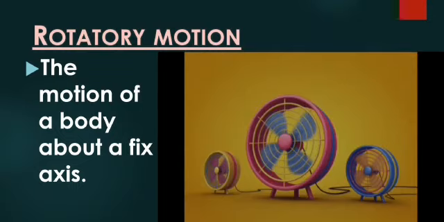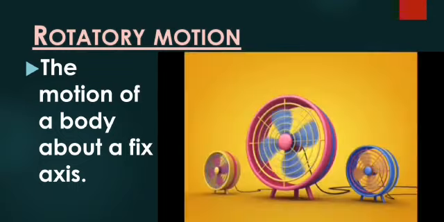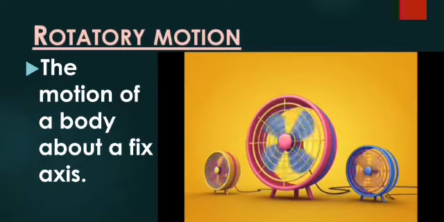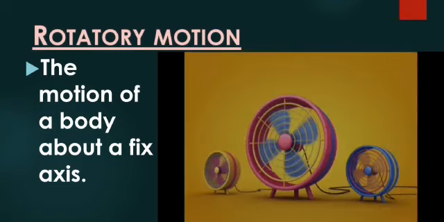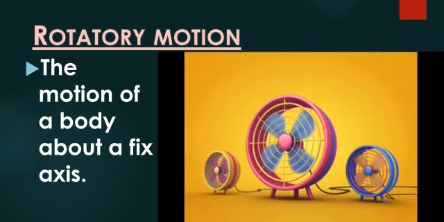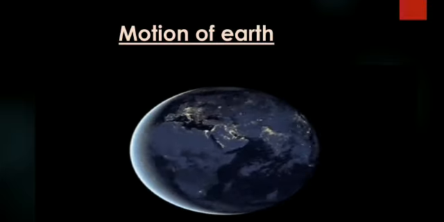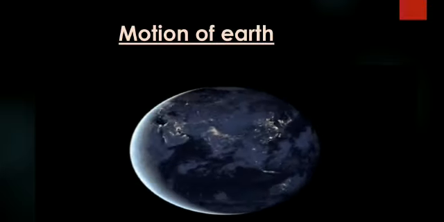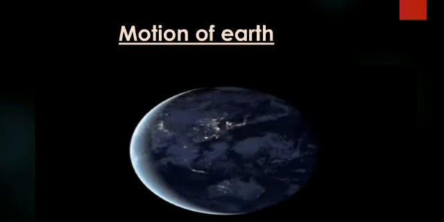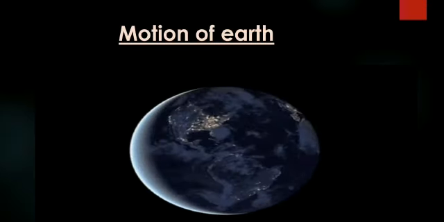A fan's wings are fixed with a rim and the rim moves about a fixed axis, so the wings also move about that fixed axis. Another example of rotatory motion is the rotation of Earth, due to which our Earth changes day and night.